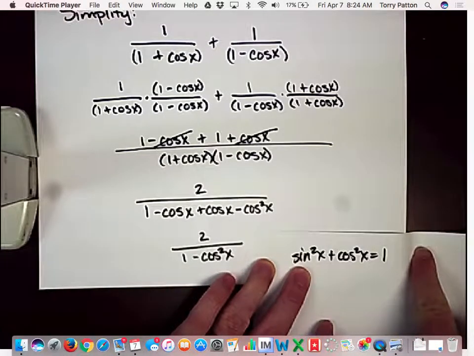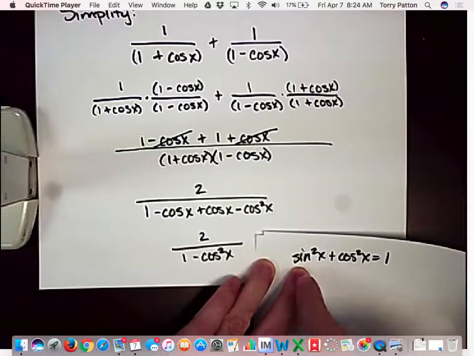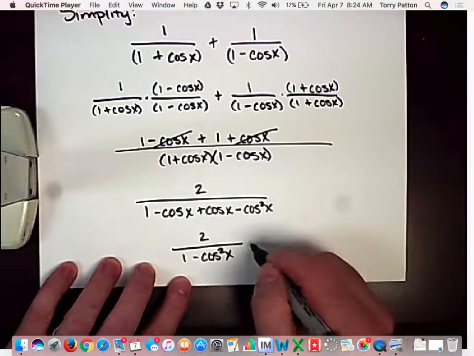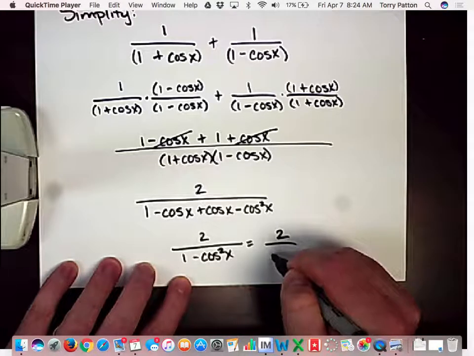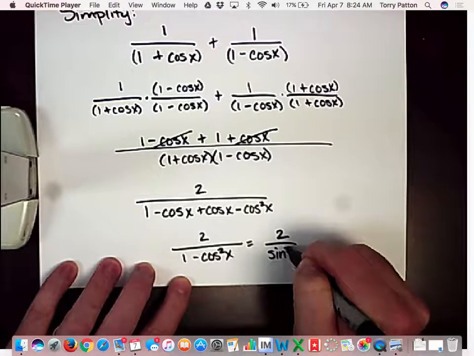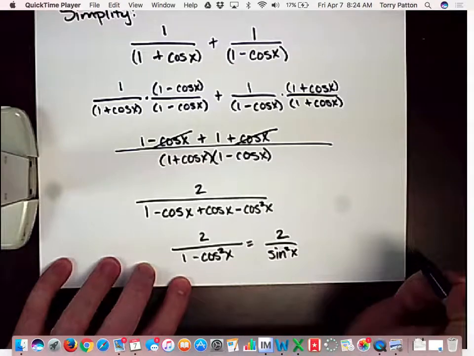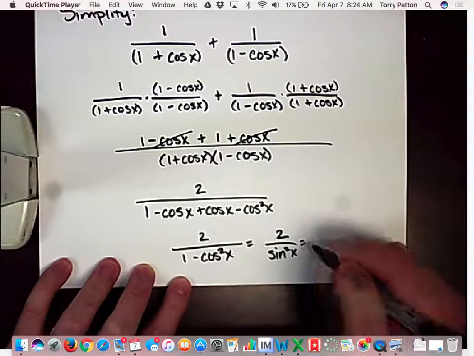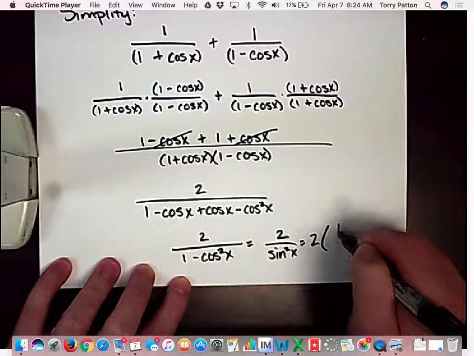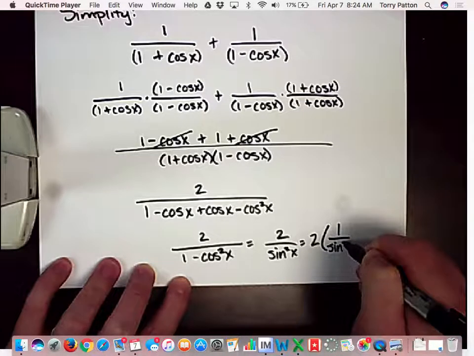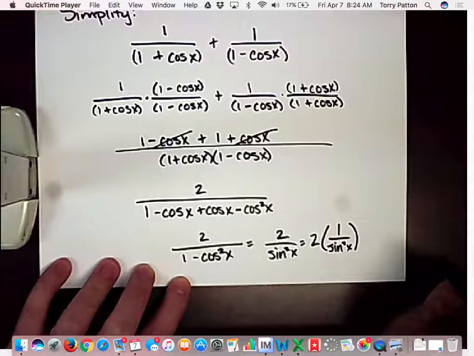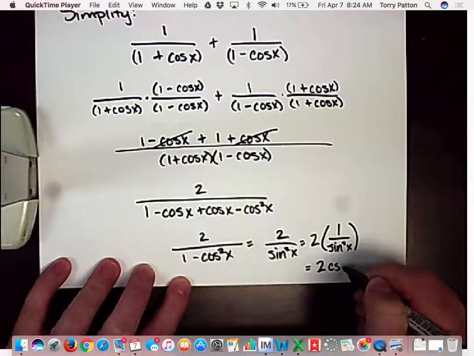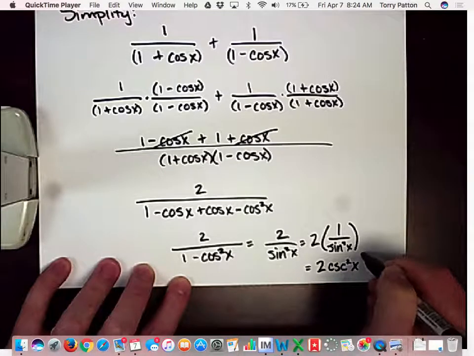So if you subtracted cosine squared x, you would get sine squared x equals 1 minus cosine squared x. So you could write this as 2 over sine squared x. Do you agree that that's 2 times 1 over sine squared x? And 1 over sine squared x is cosecant squared x.